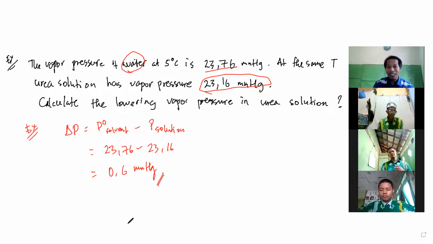If you understand the concept of delta P from the explanation before, it is very simple to get the answer to this question. Is that clear? All right, thank you.